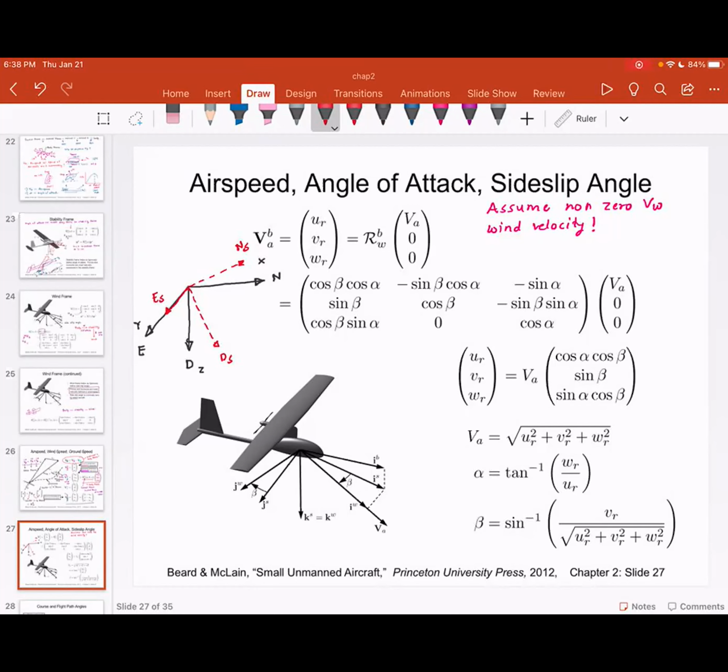Now, if you have a wind frame, what's going to happen? There will be a rotation about this axis. So this is north wind frame, east wind frame, and down wind frame. Actually, the wind frame is about the stability frame, so I need to draw this.